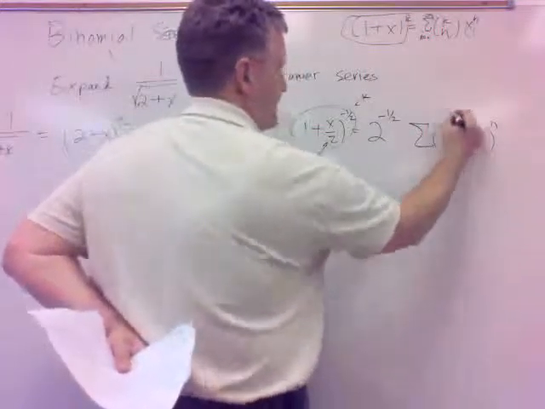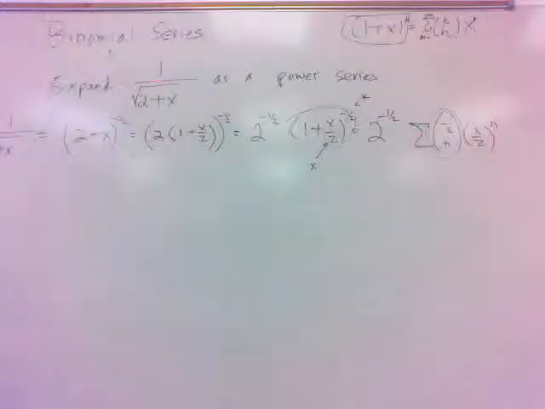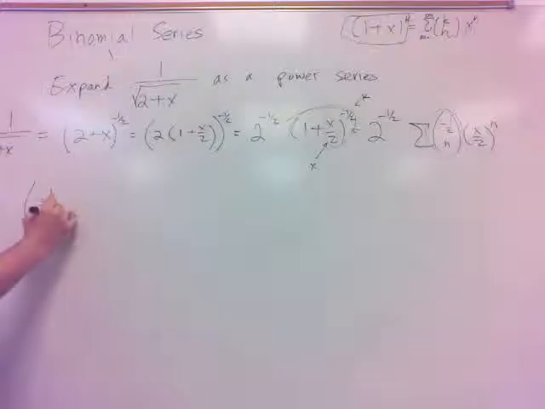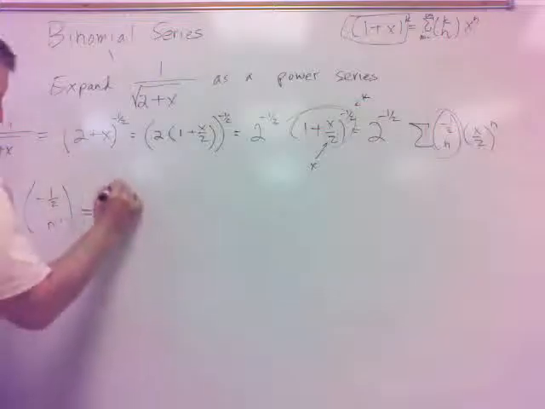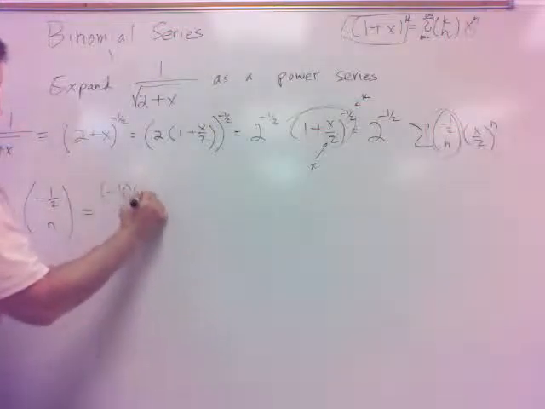The next step will be, let's see what negative 1/2 in this notation is going to simplify out to be. Well, that says start at negative 1/2, then start subtracting 1.